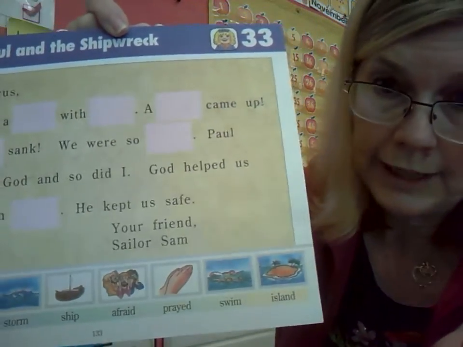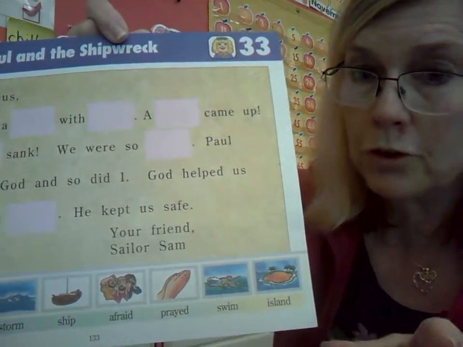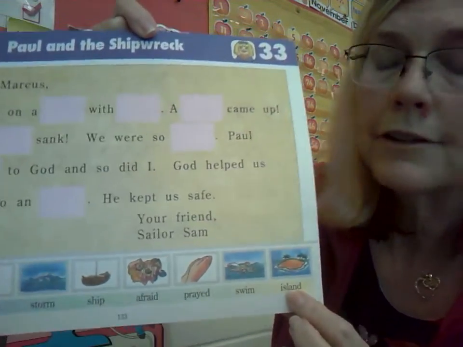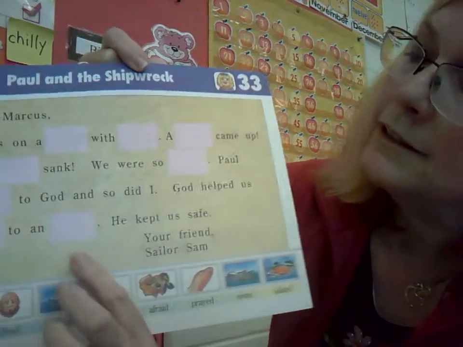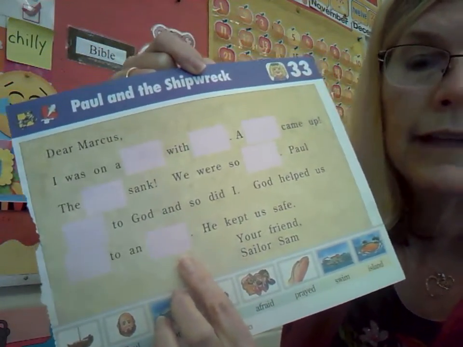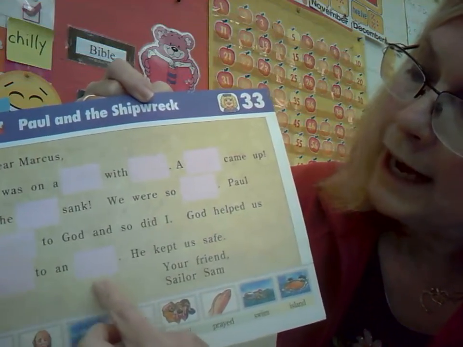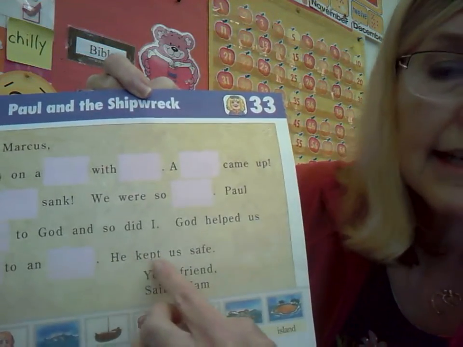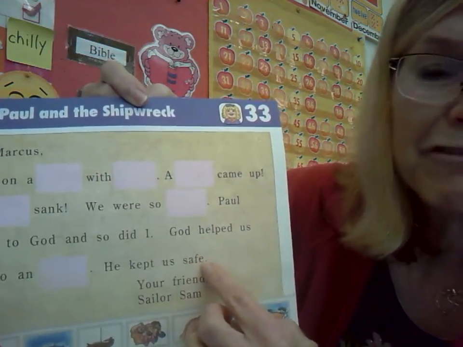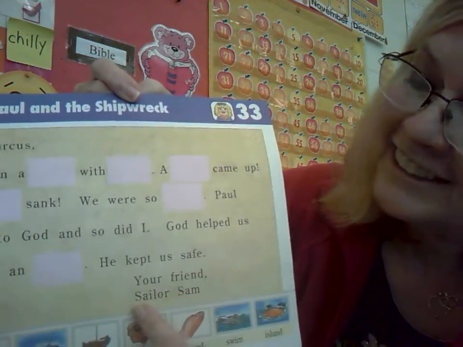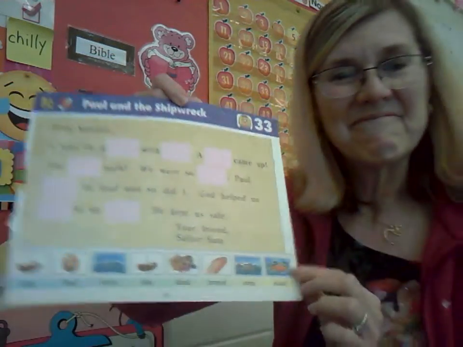Now, we happen to know the name of it. Paul just told us the island was called Malta, but they just have island there. Cut out the picture of an island and put it right there in the last spot. God helped us swim to an island. He kept us safe. Your friend, Sailor Sam.